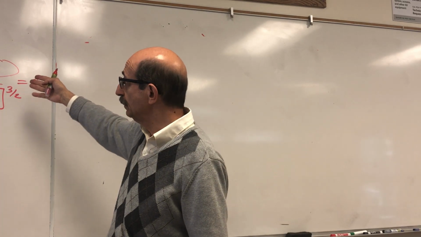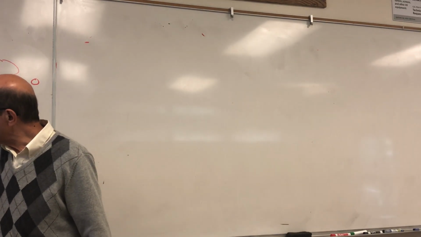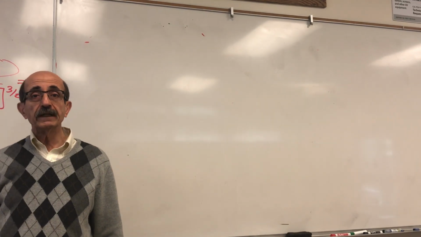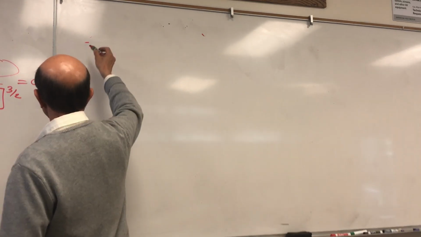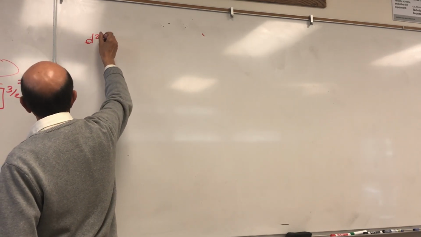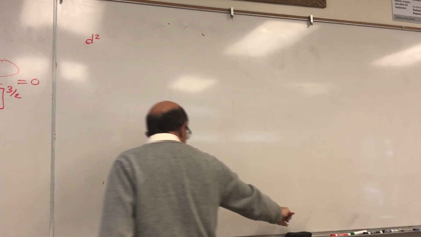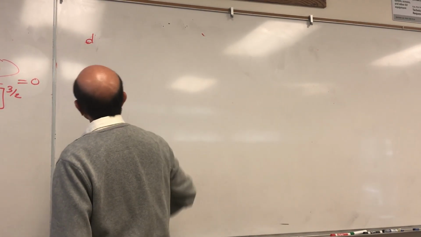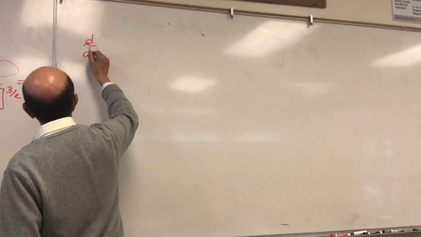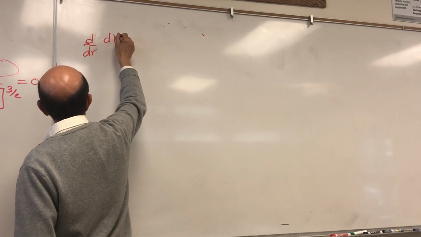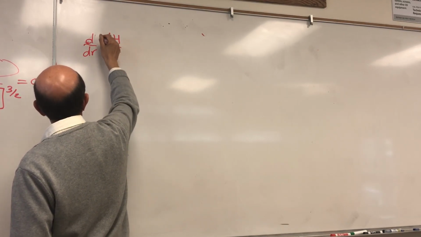In order to find out if for this value, this corresponds to maximum or minimum, you need to take the second derivative, right? Or in other words, you take the derivative with respect to r of the dh/dr, right?